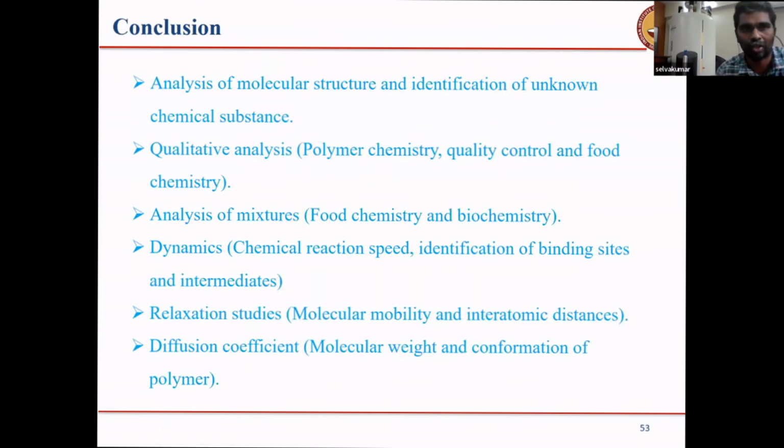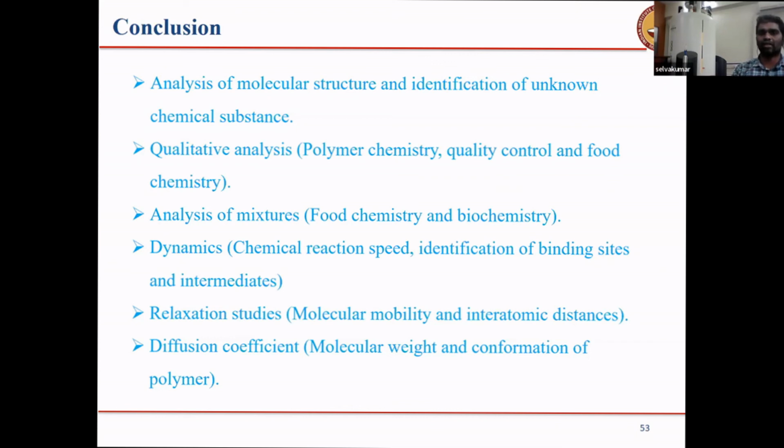Okay, I am going to conclude my presentation. With these NMR techniques, we can analyze molecular structure and identify unknown chemical substances. Qualitative analysis, for example, polymer chemistry, quality control, and food chemistry, we can use these NMR techniques.